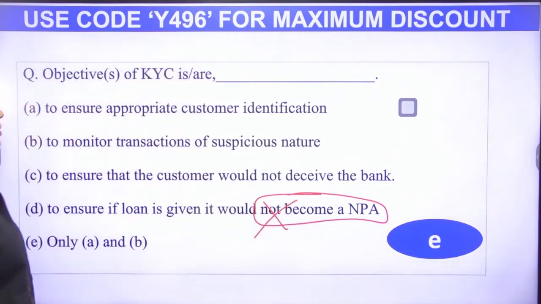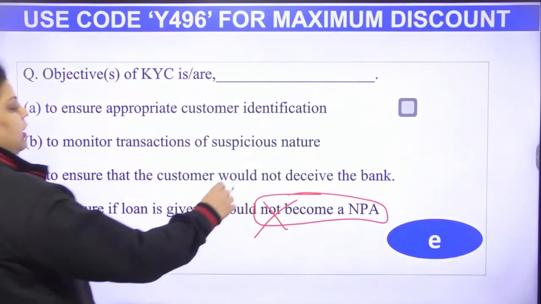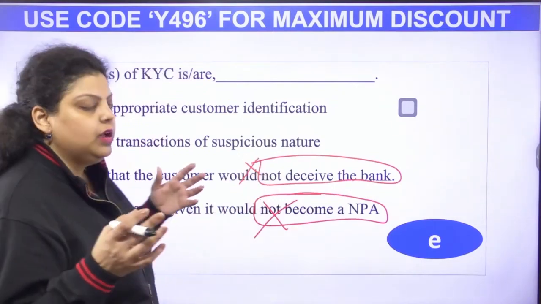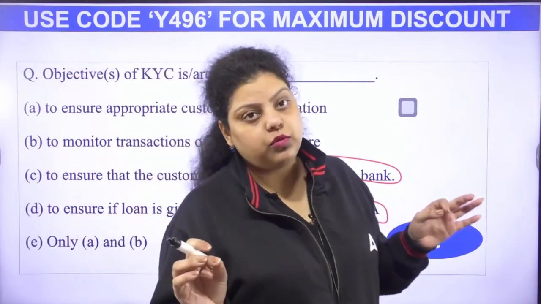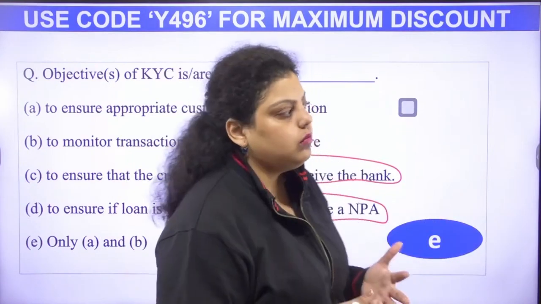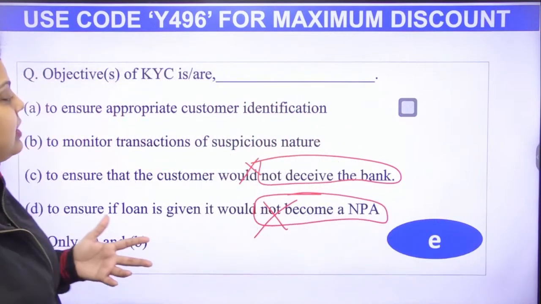Apart from that, if we are talking about the customer not deceiving the bank, this is also not part of KYC. KYC is simply a know your customer procedure which should be performed by each bank and financial institution to know their customer. And what does it mean to know their customer?